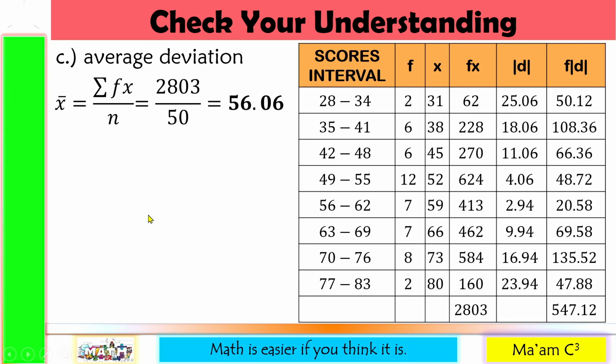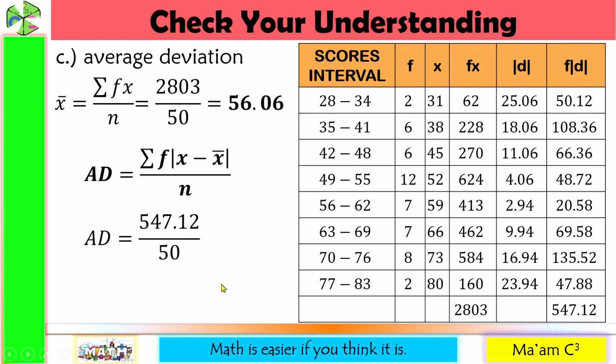Now, let us substitute it to the formula. Our numerator is the summation here, 547.12 divided by our n, which is 50. 547.12 divided by 50 is 10.94. So this is the average deviation.